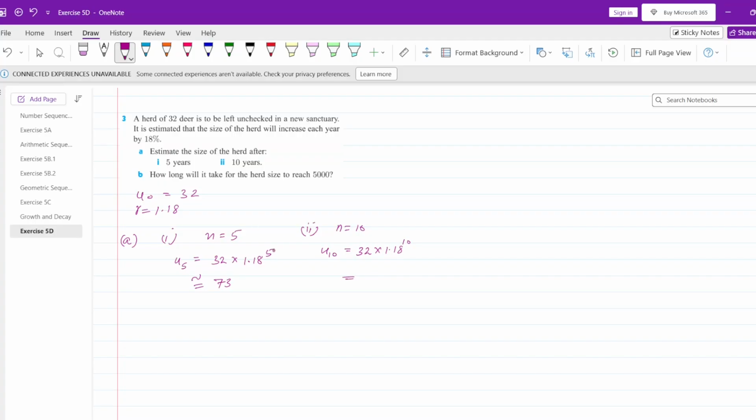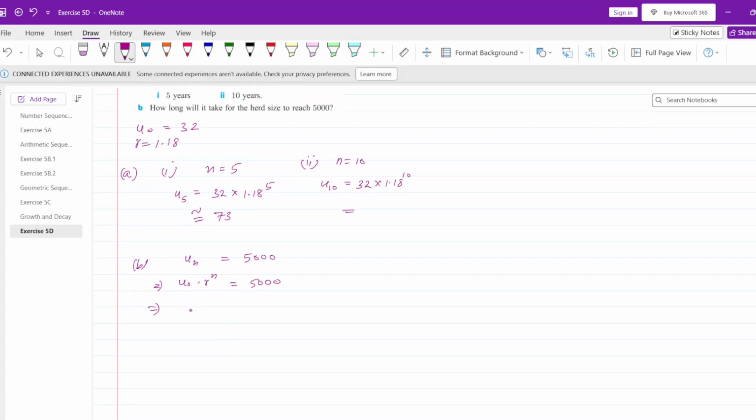Now this is for you to do on your own. How long will it take for the herd size to reach 5000? So Un equals 5000. Un is U0 times R raised to the power n equals 5000. U0 is 32 times 1.18 raised to the power n equals 5000.